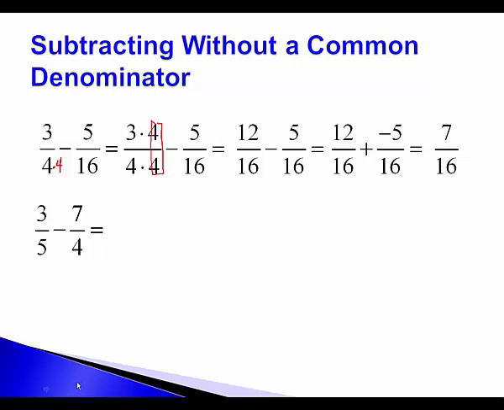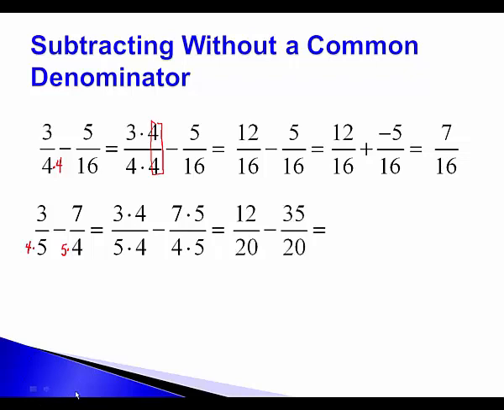Our next problem is 3 over 5 minus 7 over 4. Now this time we won't be able to multiply one of these by something and make us a common denominator, but we can multiply each of them by something. I would suggest this one by 4 and this one by 5. That will give us a 20 for both denominators. When we do that, we multiply the top and the bottom both of the first one by 4 and the top and the bottom both of the second one by 5.